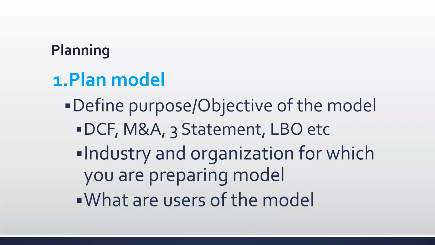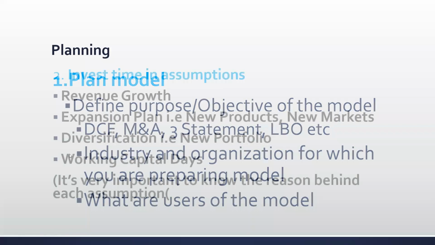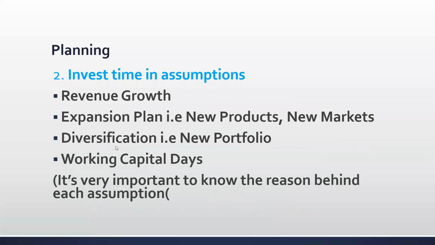Okay. So once you have planned your financial model, then you have to spend time on the assumptions. Assumptions are the second point in the planning phase, and this is a very important phase while preparing the financial model. Normally, this will be the financial position or financial performance of the following years.